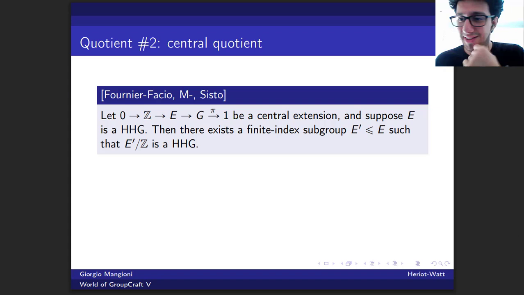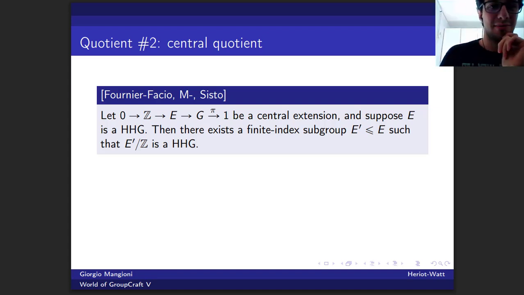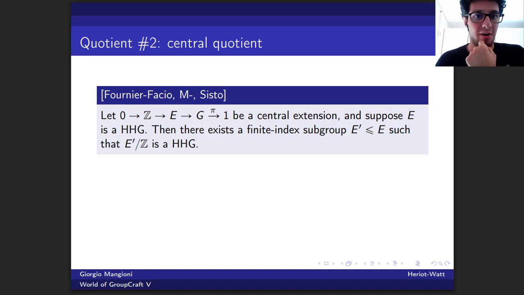So on the very other side of the spectrum, we have a result concerning quotients by centers of hierarchically hyperbolic groups. So what we prove is that if you have a central extension with kernel Z, and the middle group is a hierarchically hyperbolic group, then the quotient is going to be hierarchically hyperbolic itself, possibly after passing to a finite index subgroup for, let's say, fine reasons.